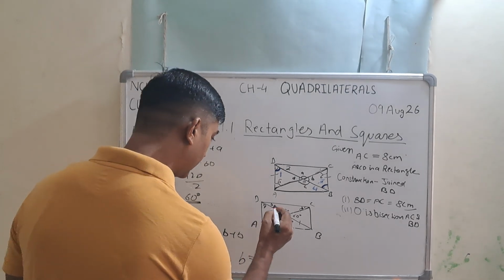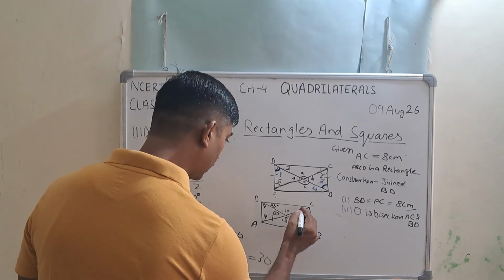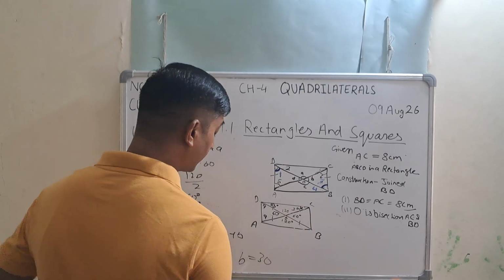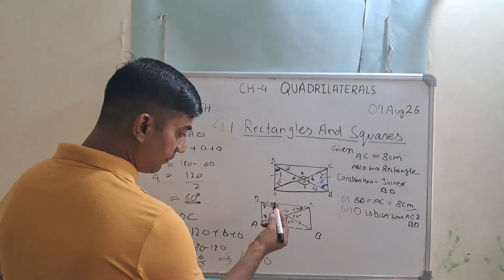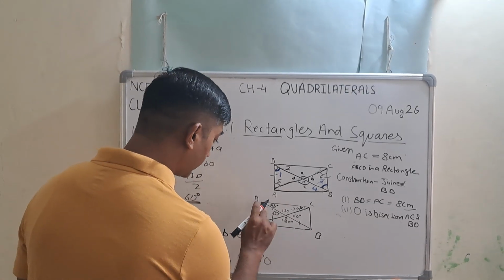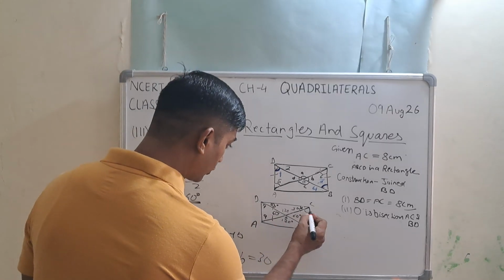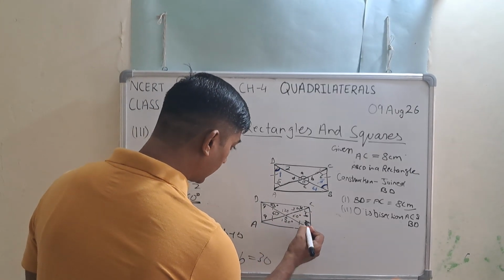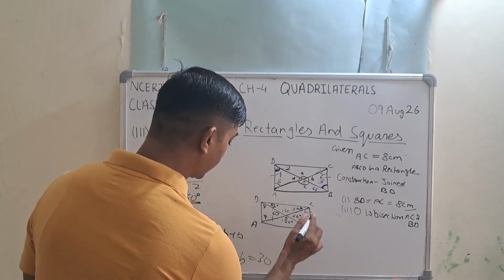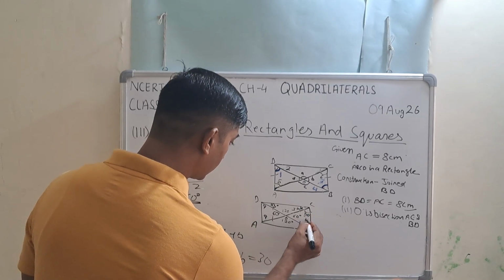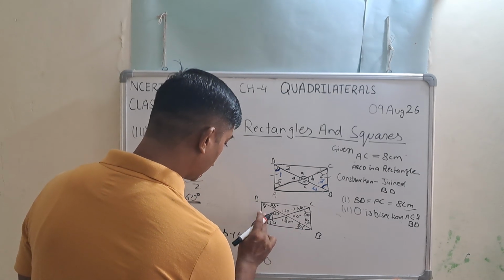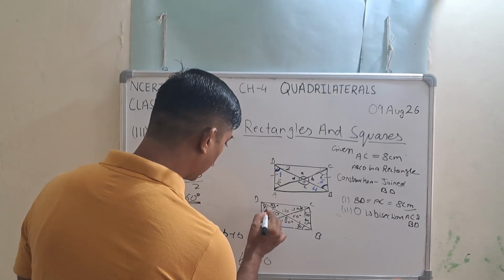So we find out that this is 30 degree, this is 30 degree, which is actually B. So in this way we have found out all the angles. This is also 30, this is also 30, these are 60, 60, these are 30, and these are actually 60 and 60.